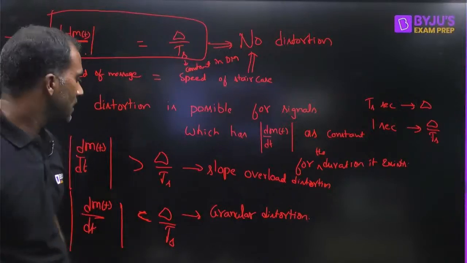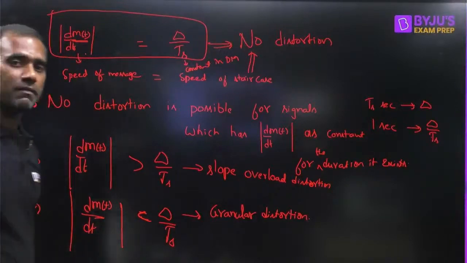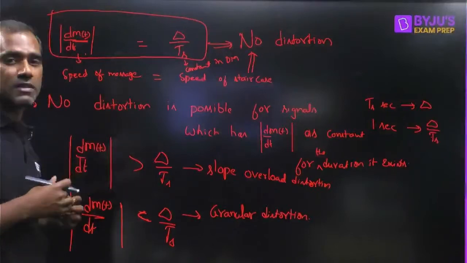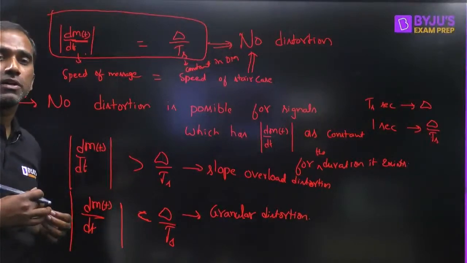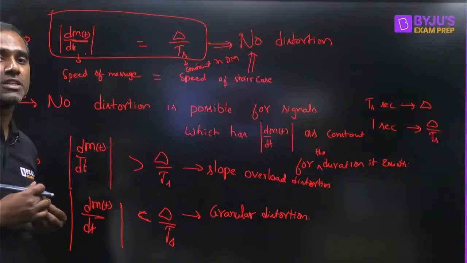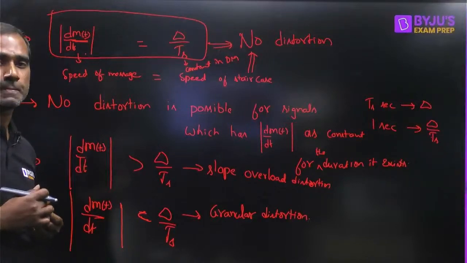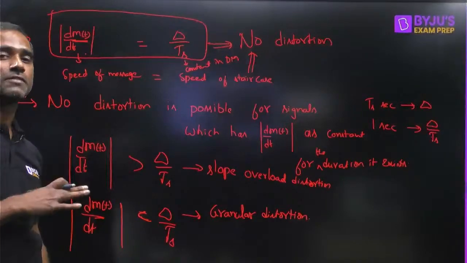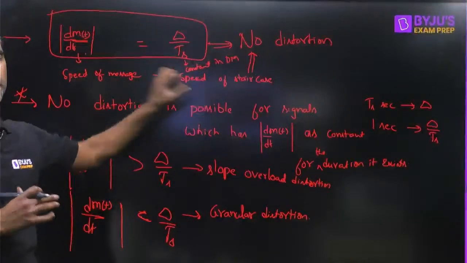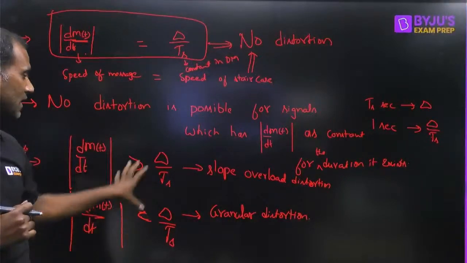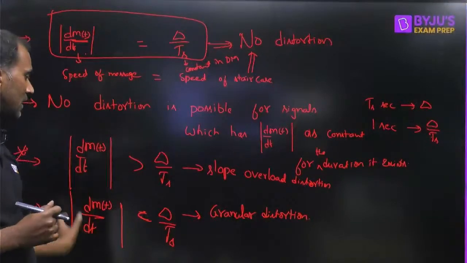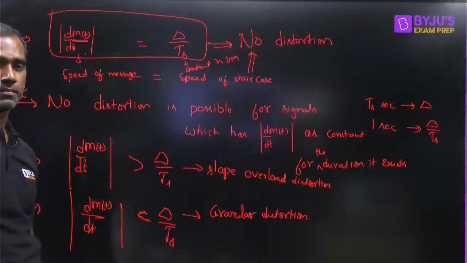Okay, right? I hope it is clear till this point. We have understood how the delta modulator works, the condition for no distortion in delta modulator, for what kind of signals the no distortion condition is possible, and we have understood the condition for slope overload distortion and the condition for granular distortion.